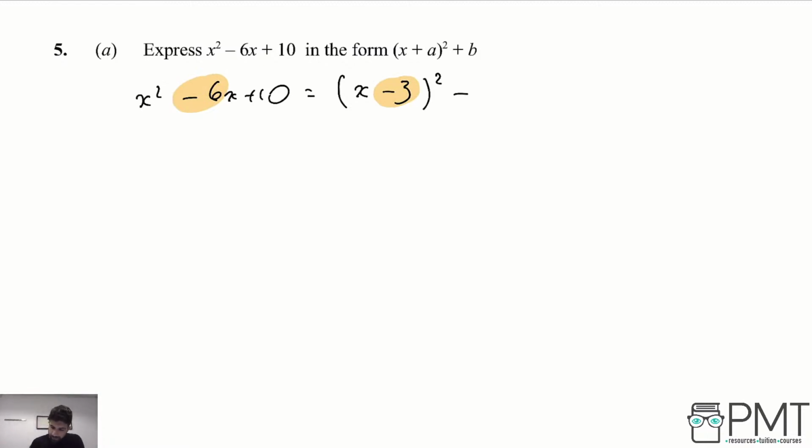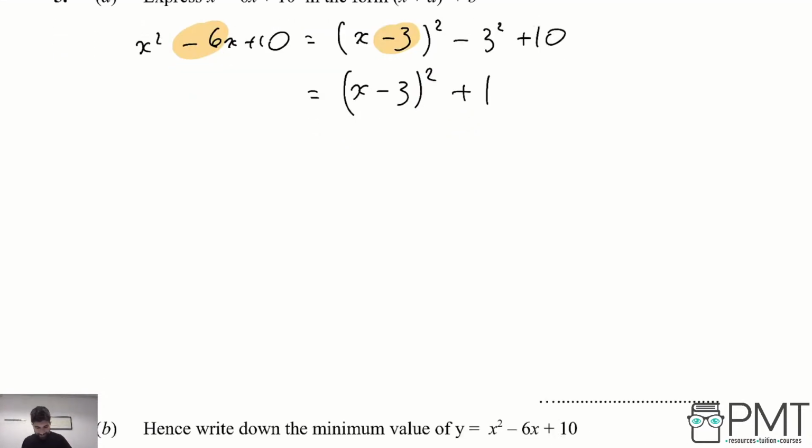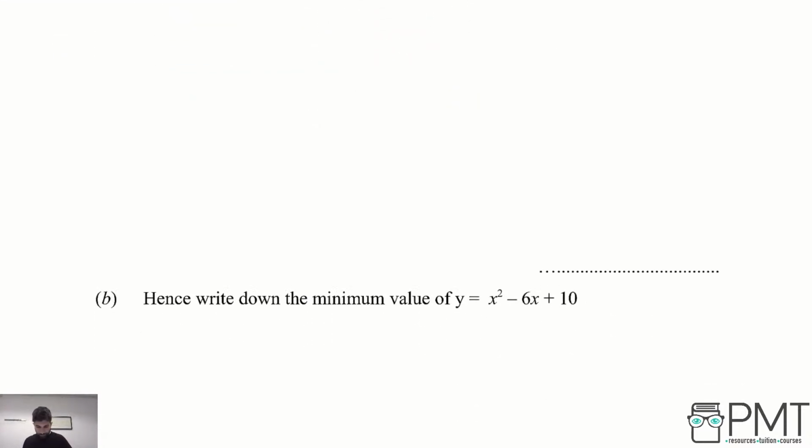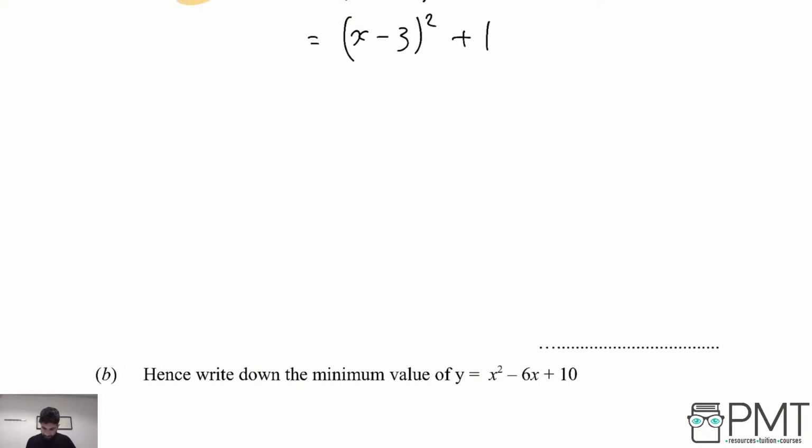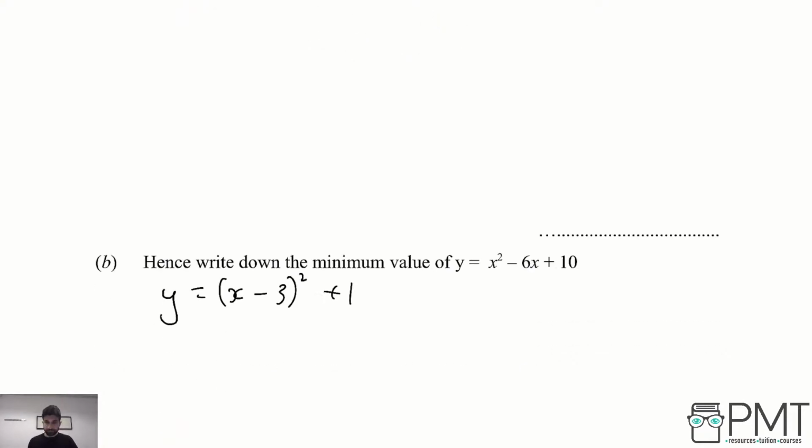We take away 3 squared and then add 10. So this is going to be x minus 3 squared. That's minus 9 plus 10. That's plus 1. So this is our form. Then write down the minimum value of this, which is y equals x minus 3 squared plus 1.